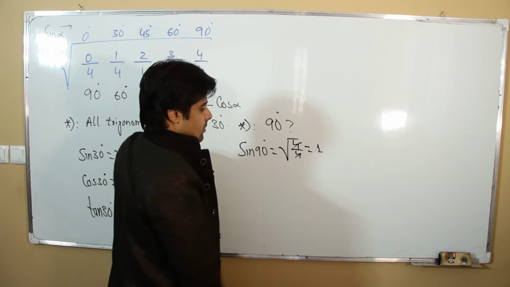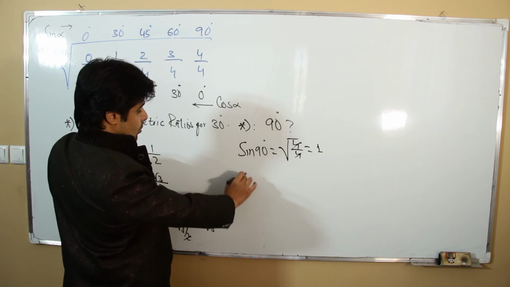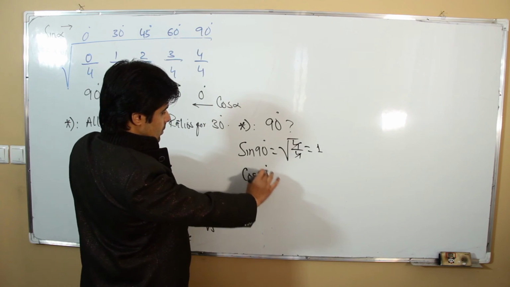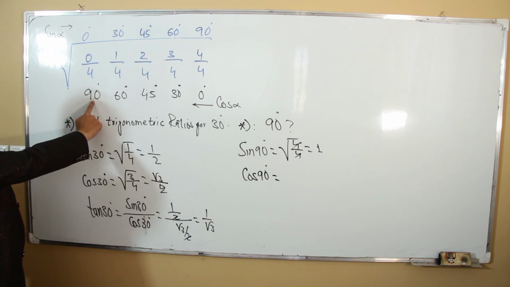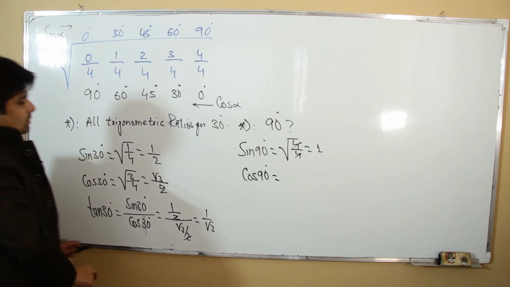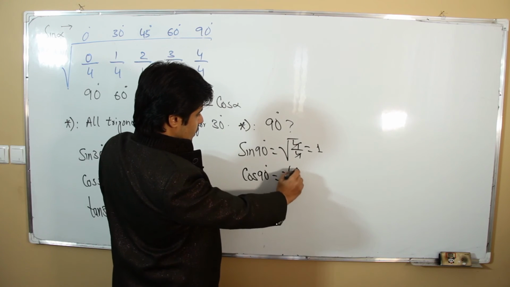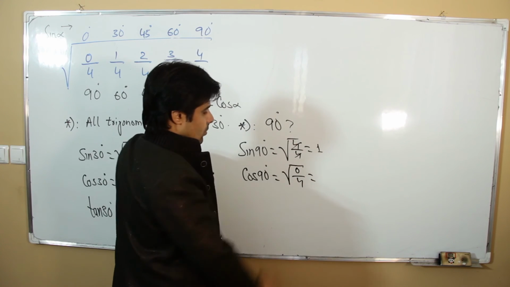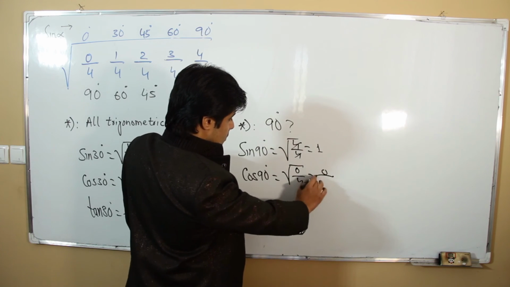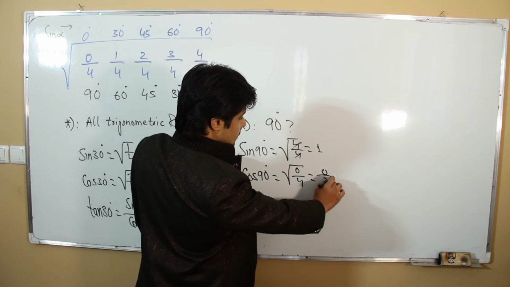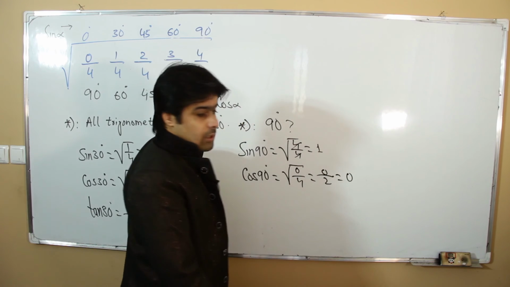Root of 1 is 1. And cosine of 90 starts from here. This is your 90. Your value is root of 0 divided by 4. Am I right? And root of 0 is 0. Root of 4 is 2. 0 divided by any number is 0.